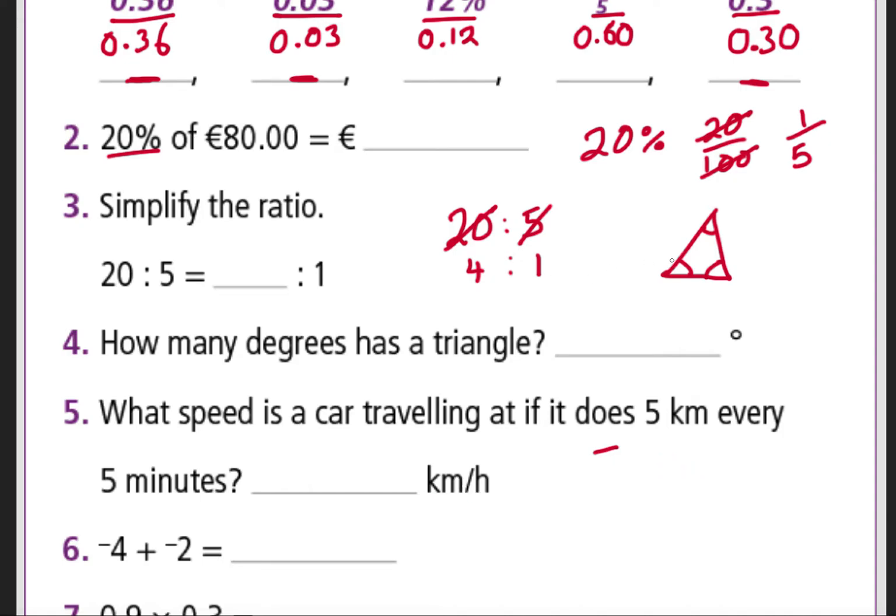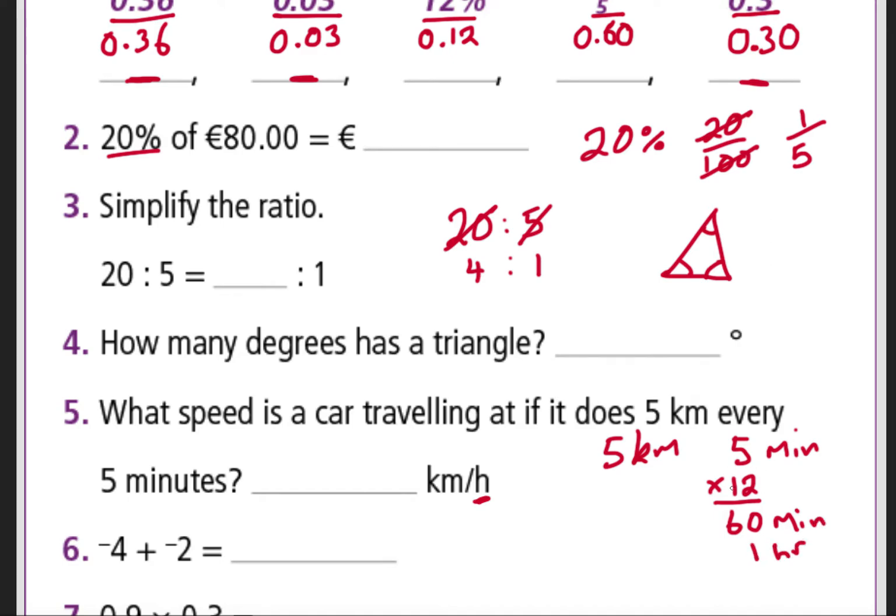So, if it's doing 5 kilometers in 5 minutes, okay, we want to know how much is it doing in an hour. Now, to turn 5 minutes into an hour, we have to multiply it by something to get 60. So 5 multiplied by what gives you 60, and 5 times 12 is 60. Now that's 60 minutes, and another way of saying that is 1 hour.